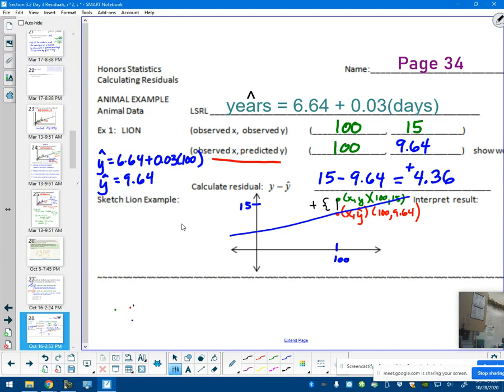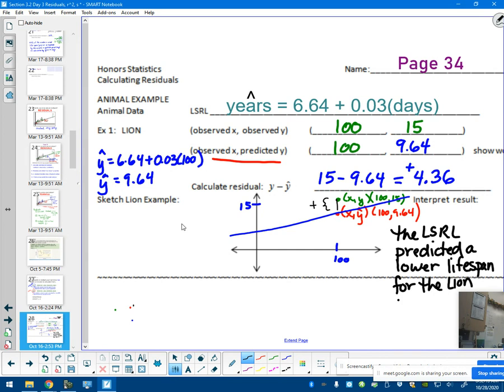So now I can interpret the result. I'm going to say the LSRL predicted a lower lifespan for the lion by 4.36 years.